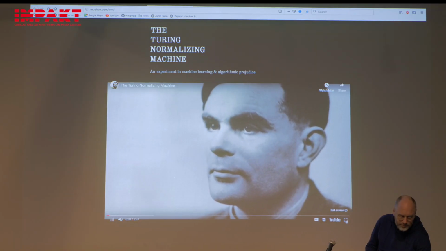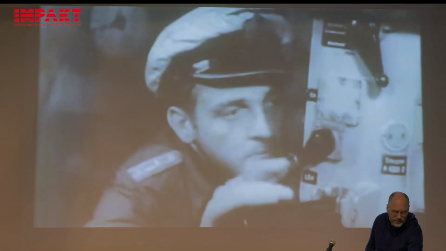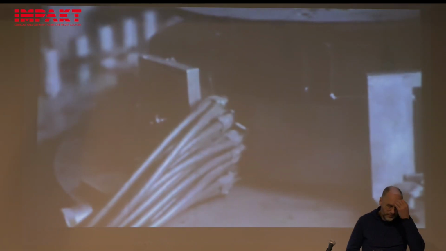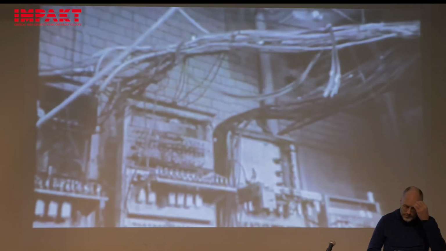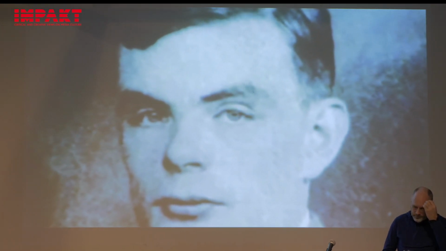In the 1930s, British mathematician Alan Turing studied normal numbers, and during World War II, he cracked the Nazi Enigma code, and then laid the foundations for computing and artificial intelligence. In the 1950s, he was convicted of homosexuality and was chemically castrated.